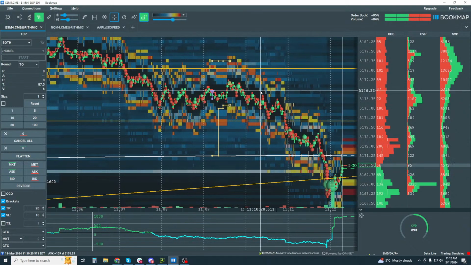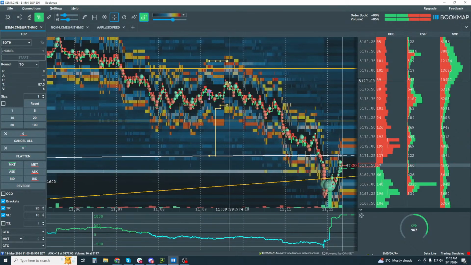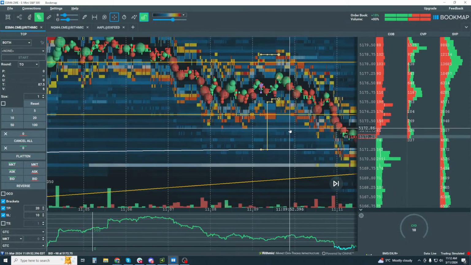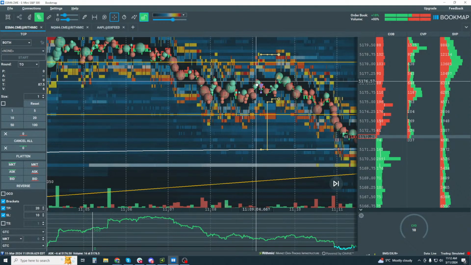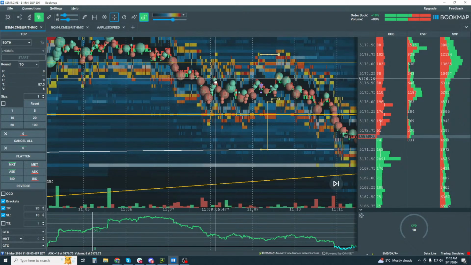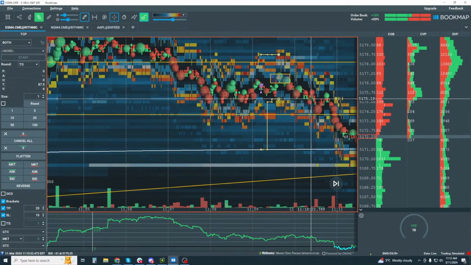So it can be kind of confusing, but we want to understand what this means. Up here, we want to see if that structure is broken, which it did break here, but a bigger structure, a little bit bigger here. So it's just a retest back up here with a little bit of volume. Now, this is the volume that is going to be the trap.